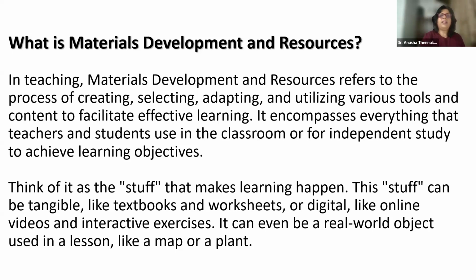So these materials can be tangible, meaning we can touch and see them, or digital, like online videos and interactive exercises, or even real-world objects used in a lesson, like a map or a plant. So there are three types of materials and resources: tangible, digital, and real.